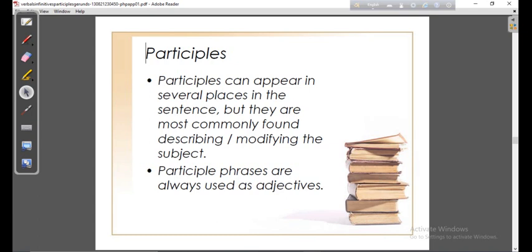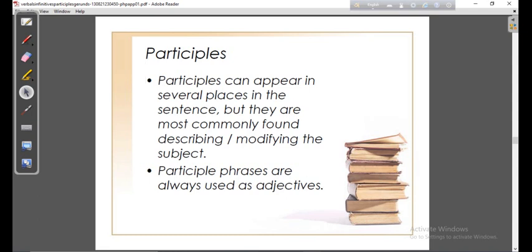And you know, the word, phrase, or clause which modifies a noun: if it is a word, it is called an adjective; if it is a phrase, it is called an adjective phrase; and if it is a clause, it is called an adjective clause.